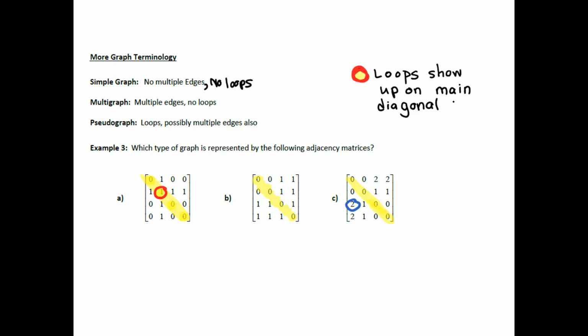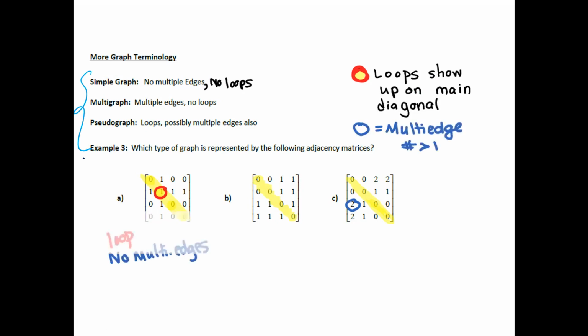Which type of graph is represented by the following adjacency matrix? So I want you to assign these vocabularies to one of these. So match them, please. Pause the video. All right, so the first one is a loop. So because of the loop, there are no multiple edges.